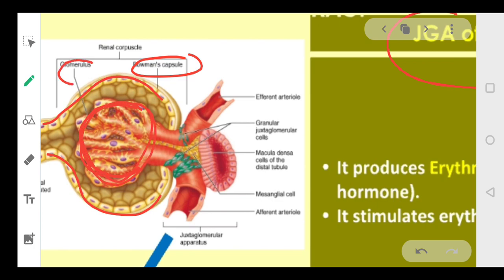They are referred to as glomerulus. Both these structures together are referred to as the renal capsule. So what is the renal capsule made up of? The renal capsule is made up of two parts, the glomerulus and the Bowman's capsule. Now the afferent arteriole will bring the blood and the efferent arteriole will take the blood away. I hope you've understood the juxtaglomerular apparatus.